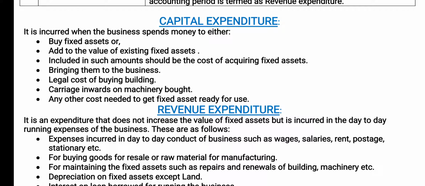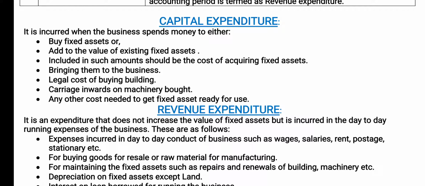Whether you are purchasing totally new fixed assets, adding to the value of existing fixed assets, or paying the charges for installation and carriage and cartage of that particular fixed asset, it will be part of our capital expenditure.